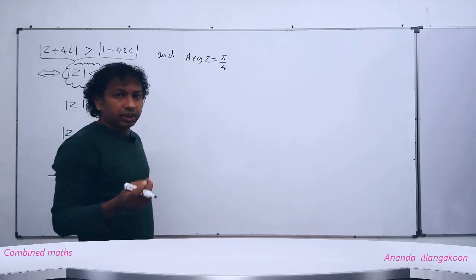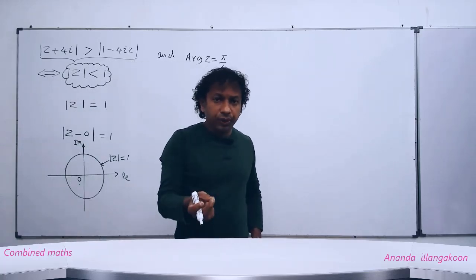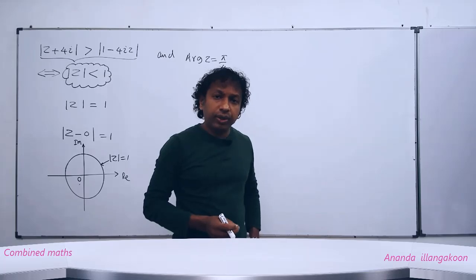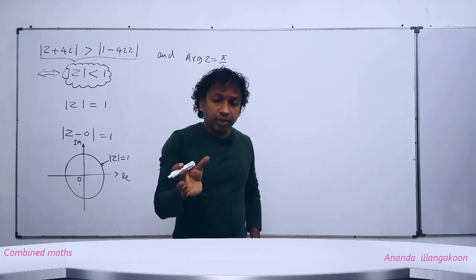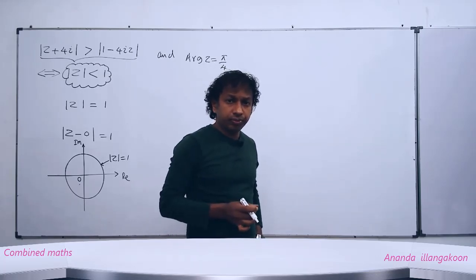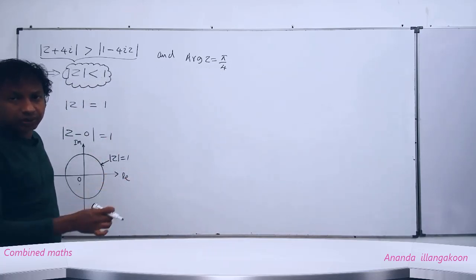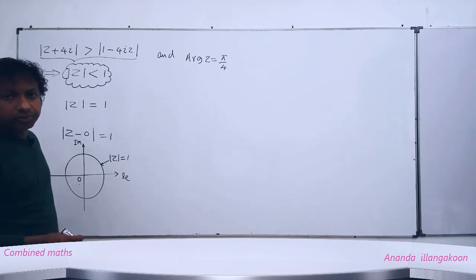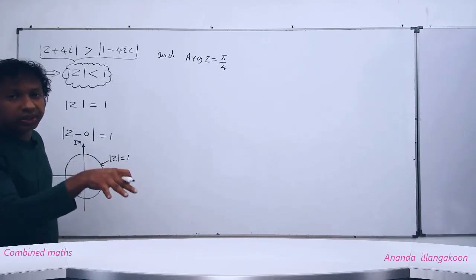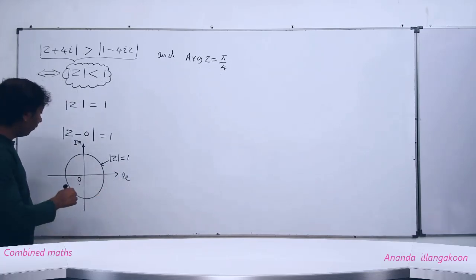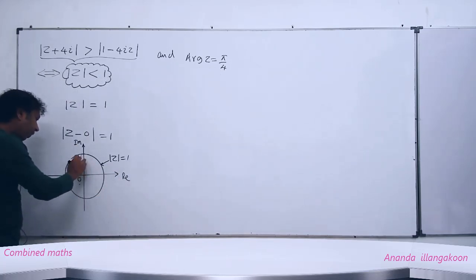The distance from the origin to the point represented by the complex number z. The length of the line segment starting from the origin and ending at that complex number is the modulus. If that modulus is less than 1, all complex numbers should lie in the circle whose center is at the origin and radius 1. Therefore, mod z less than 1 means, people, inside the circle.